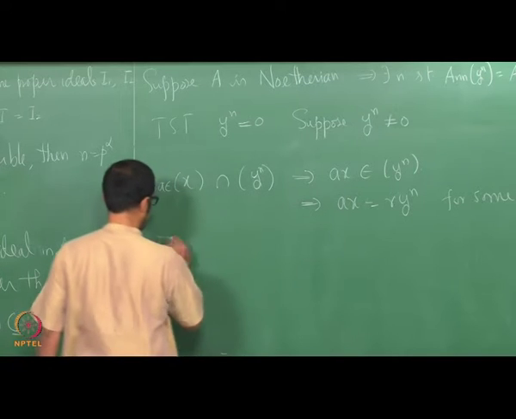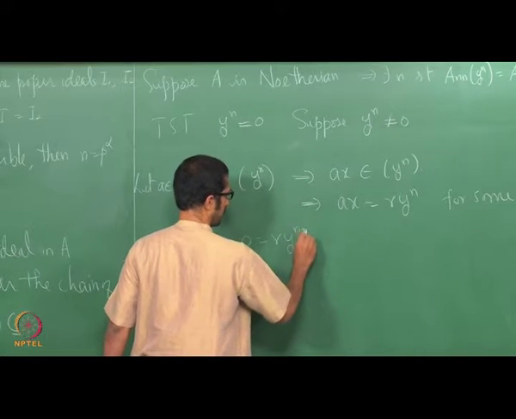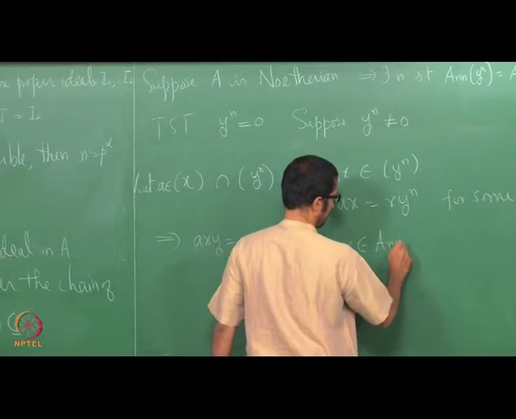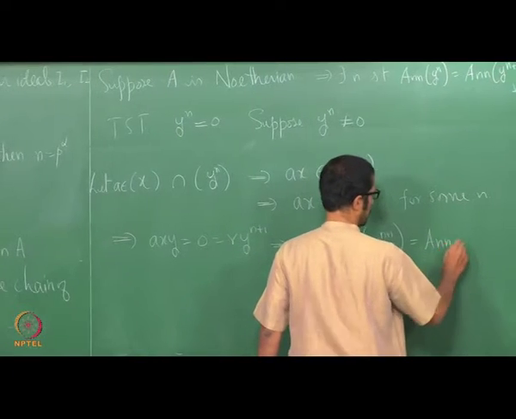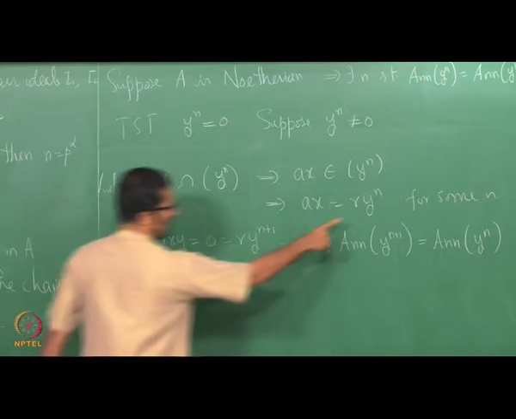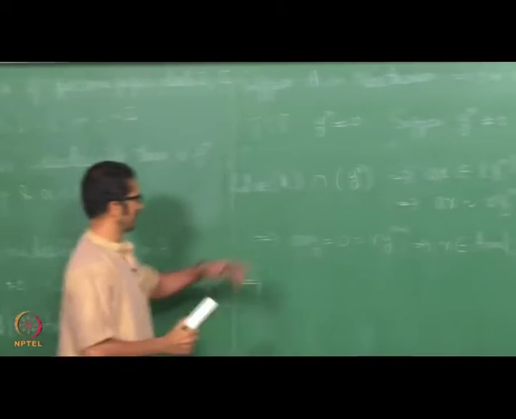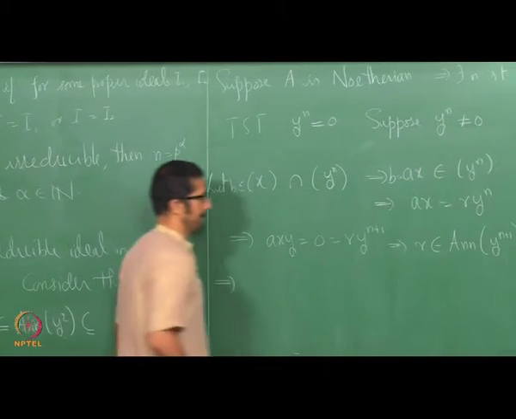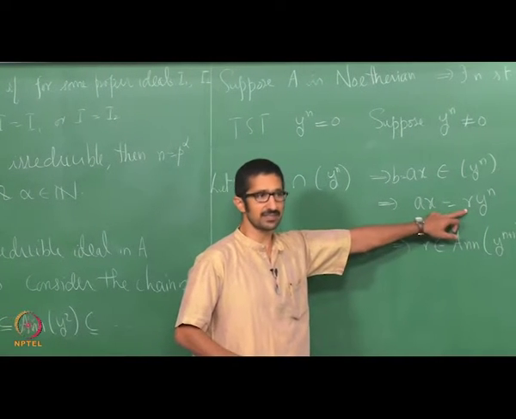That will imply that axy equal to 0 equal to r y power n plus 1, and that would imply that r belongs to the annihilator of y power n plus 1, but the annihilator of y power n plus 1 is the same as the annihilator of y power n, and that implies r y power n is 0, or in other words b is equal to r y power n, that is 0.